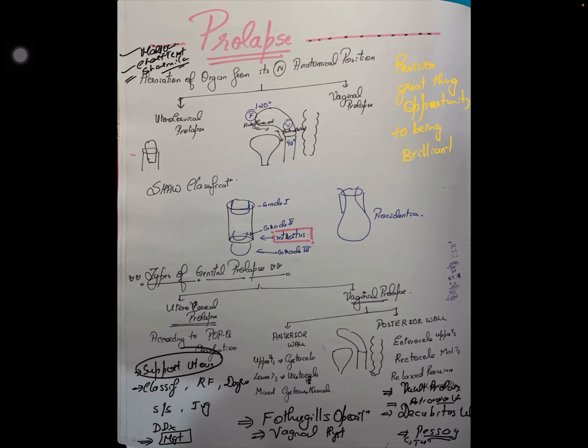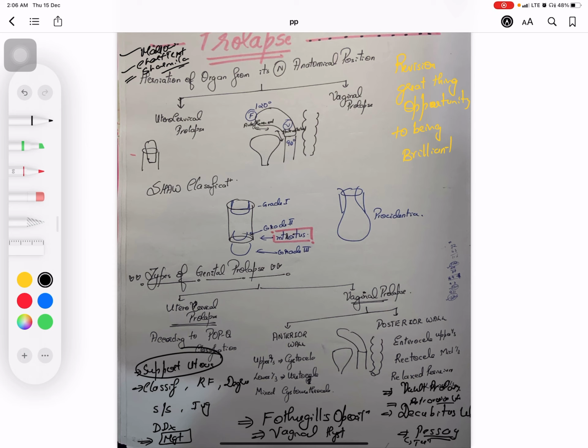So let's start with uterus is an organ which is supported by, what is prolapse? First of all, prolapse is nothing but herniation of the uterus. Okay, herniation which includes protrusion of a pelvic organ into or out of the vagina, which occurs due to failure of anatomical supports.